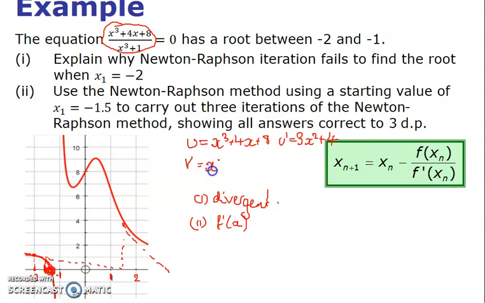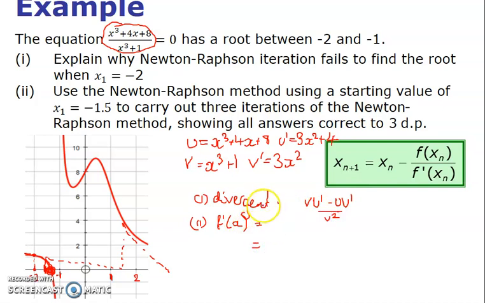V equals x cubed plus 1, therefore v dash is 3x squared. So f dash of x equals, what is it? V u dash minus u v dash all over v squared. I should write this formula out.